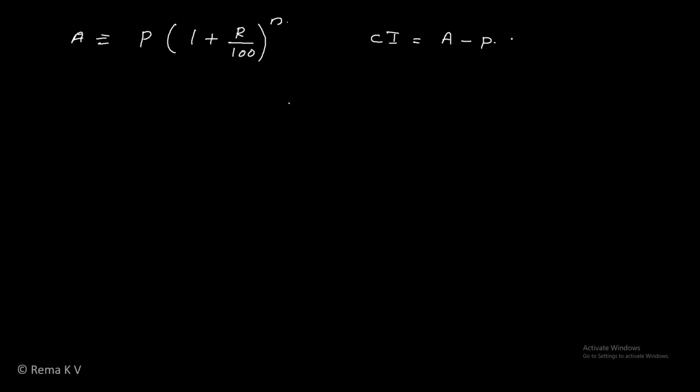You can calculate the compound interest from here, and the amount can be calculated directly using the formula P into 1 plus R by 100 the whole raised to N, where P is the principal amount, R is the rate of interest, and N is the number of years.